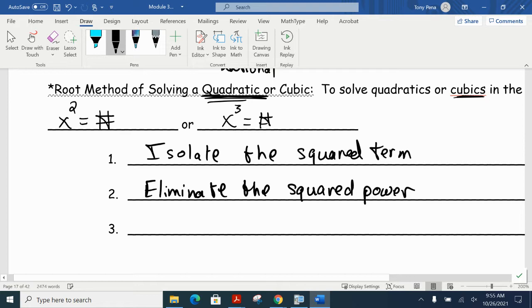So we isolate it so that we can then get rid of it. And then the third thing is you solve whatever equation now remains. All right. Sounds simple enough. These can be a little tricky.